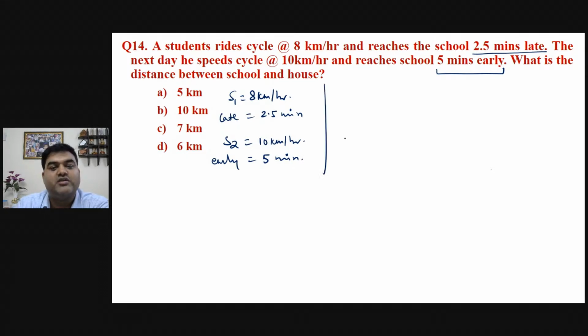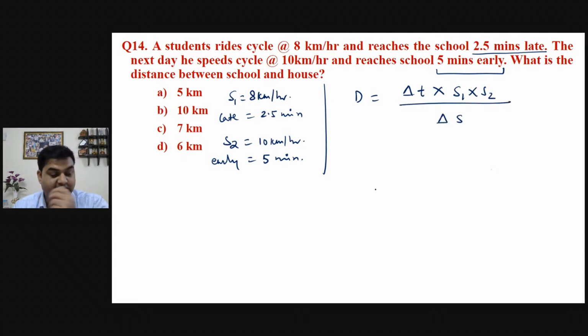It is very easy, no? So what is the distance formula? Delta t into s1 into s2 divided by delta s. Correct? Delta t into s1 into s2 divided by delta s. Delta t, what is delta t? Delta t is the time difference between these two. One is late, one is early.